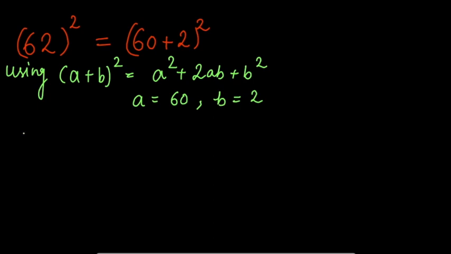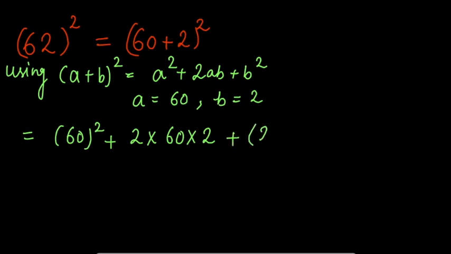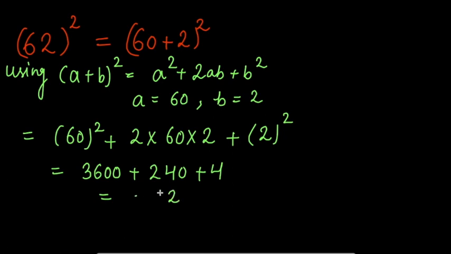Now putting the values: a square means 60 square, 2ab means 2 into a, which is 60, into b, which is 2, plus b square, again 2 square. What is 60 square? 6 sixes are 36, adding 2 zeros to it, 3600. Then this is 240, and this becomes 2 twos are 4. If you add it, how much will it be? 2, then 4, 8 and 3. So the square of 62 is 3844, which we have calculated using the algebraic identity (a plus b) whole square.